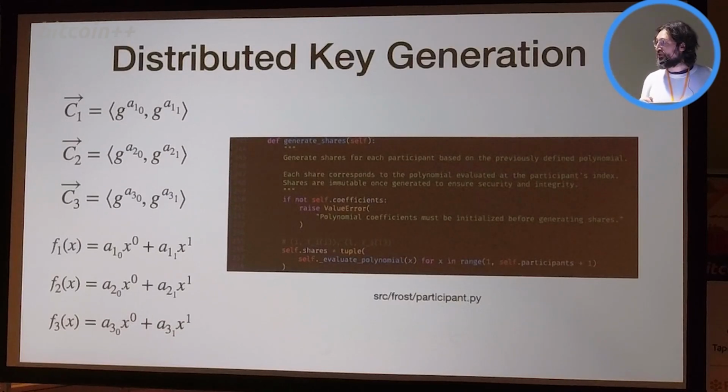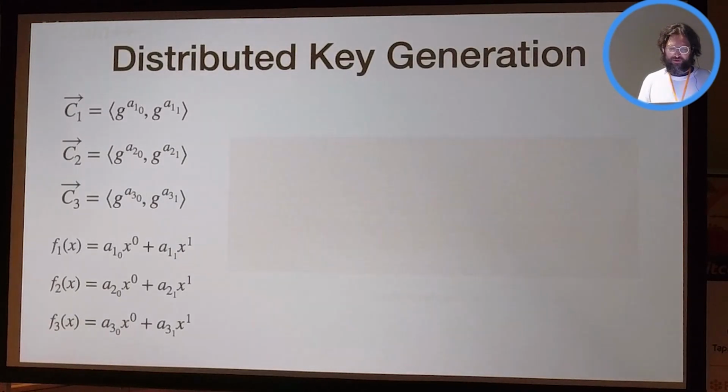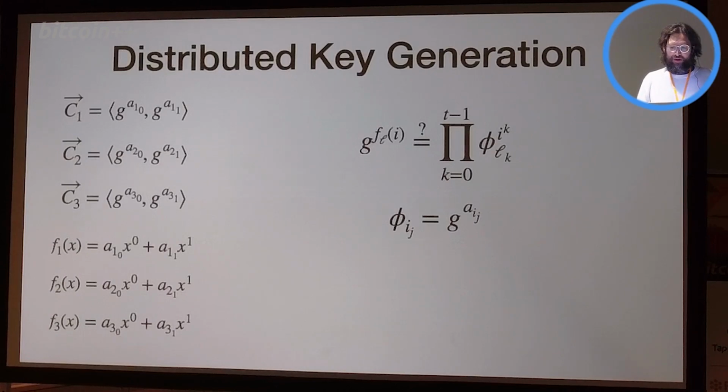And the way this looks in code is we're going to evaluate the polynomial. The participant will evaluate their polynomial for x equals 1, x equals 2, x equals 3 until they have one for each participant. And the way the participants can verify their shares is they use these coefficient commitments, and they plug in the x value.